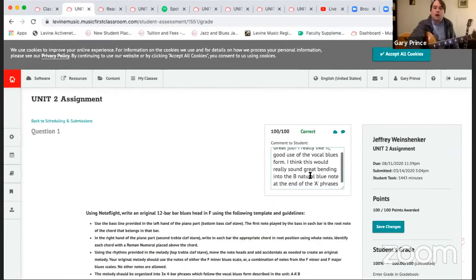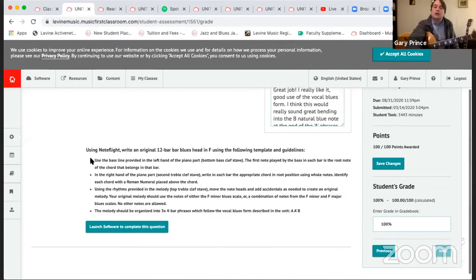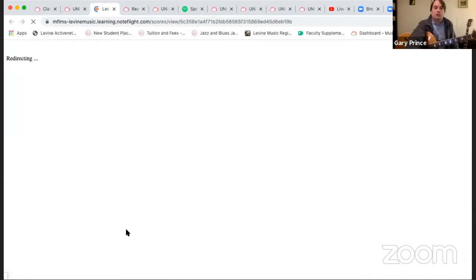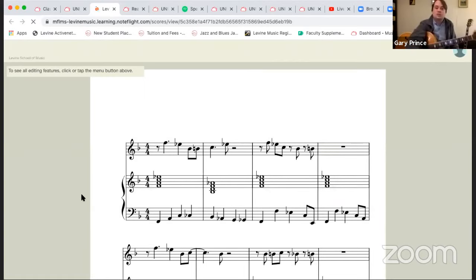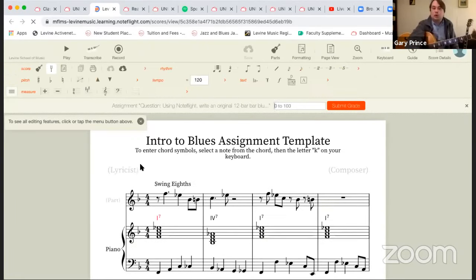So there's an area where I can add comments to it. There's a prompt, and then you can open the software. And what it does is it generates a blank template where you can then add notes, change notes, and in this case, compose an original blues melody, which you can then listen back to.